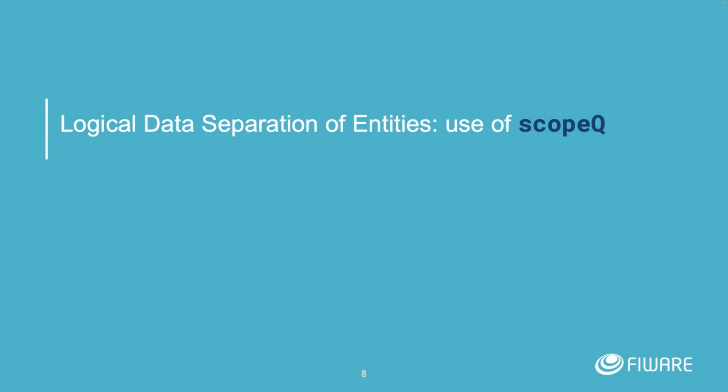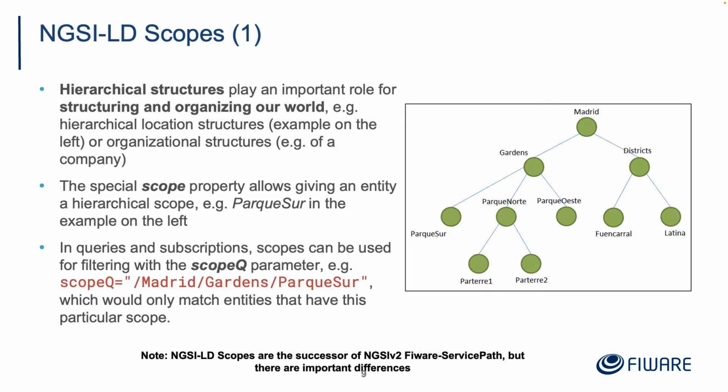The next thing to look at, and this is usable, this is the equivalent of the old FIWARE path header, is that you can have a logical separation of entities using the scope and scopeQ parameters. Now, scopes are useful when you have a hierarchy of data, or indeed a hierarchy of brokers if you are federating.